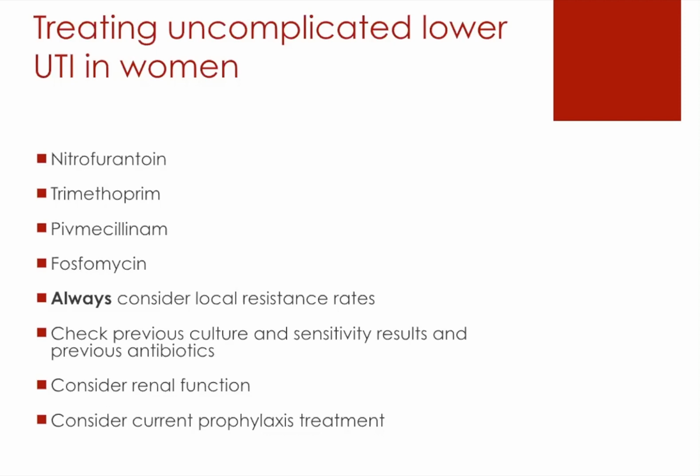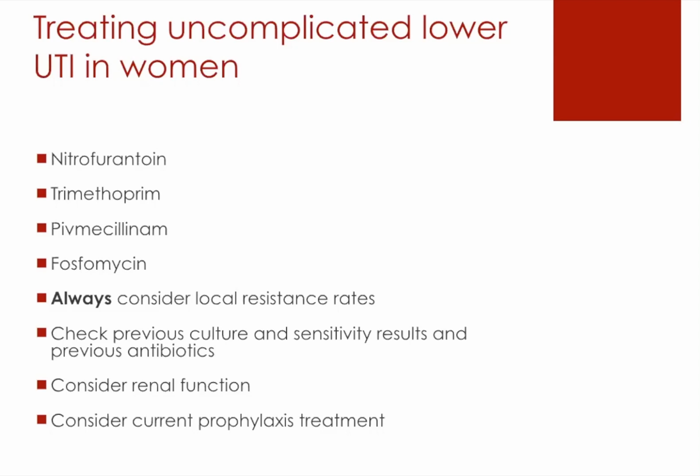ESBLs are extended spectrum beta lactamases. These are enzymes that microorganisms can produce, and they can render a lot of the antibiotics that you use ineffective. So fosfomycin is good in this area, but you want to reserve it for that because you don't want people to develop resistance for it.